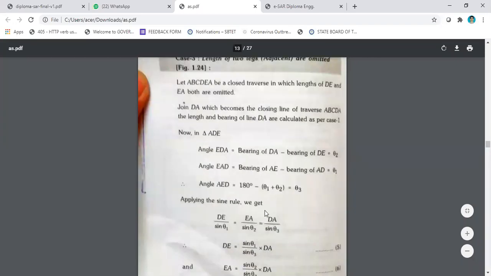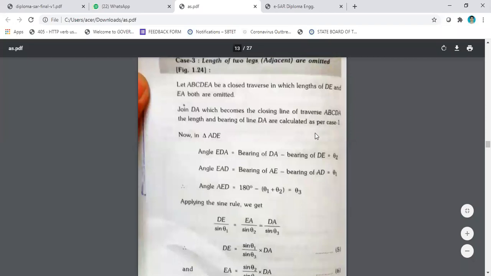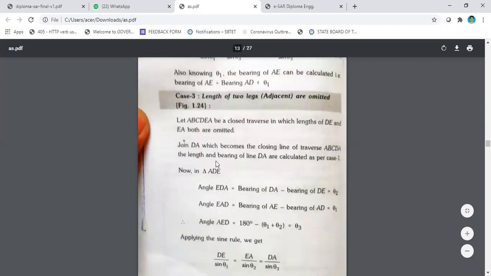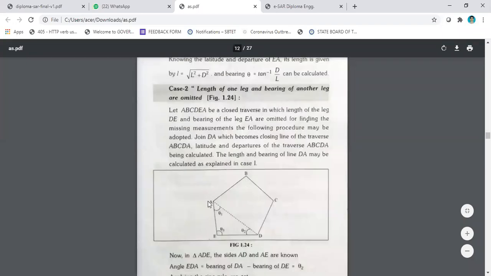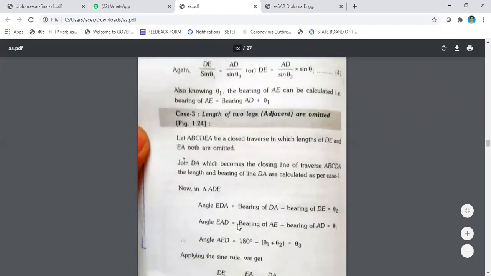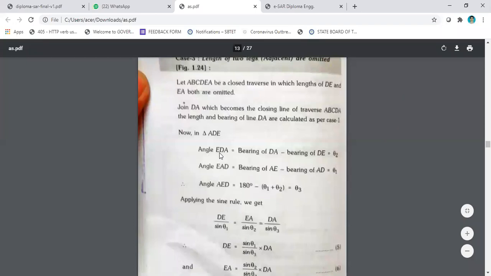The same is written over here. Joint DA becomes the closing line of ABCDA. Then the length and bearing of DA are calculated as per case 1. Now in triangle ADE, angle EDA is theta 2, angle EAD is theta 1, and angle AED you will directly get from 180 degrees. The sum of angles in a triangle must be 180, no?